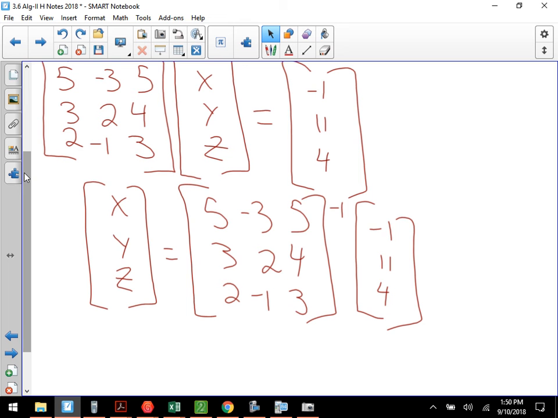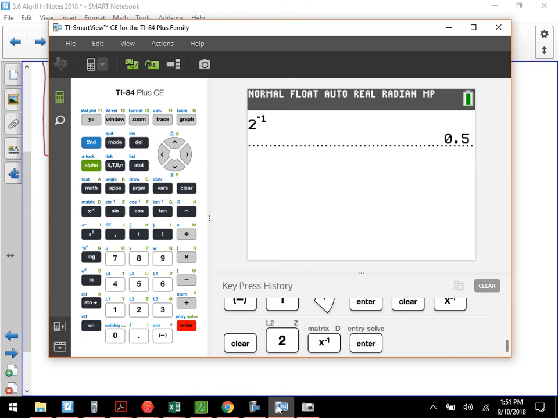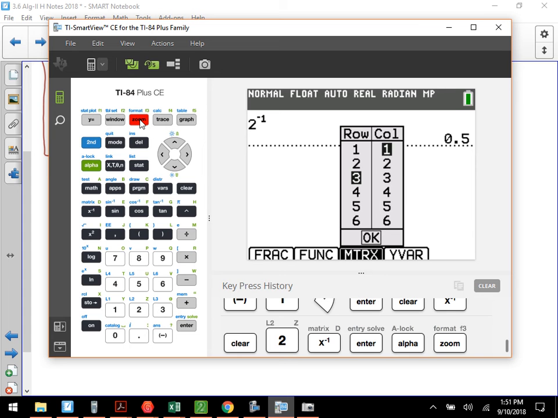On your calculator, as with many other buttons on here, there are some shortcut keys. Alpha, zoom. Okay? Alpha, zoom. And it comes up with row, column. What you want to do is we're going to make a 3x3.